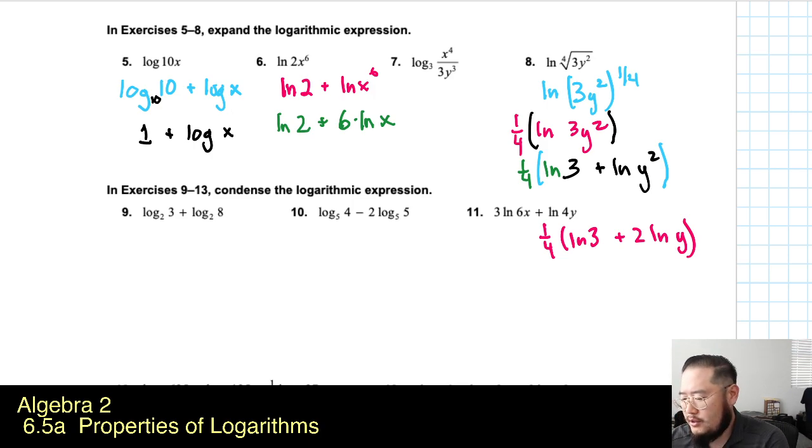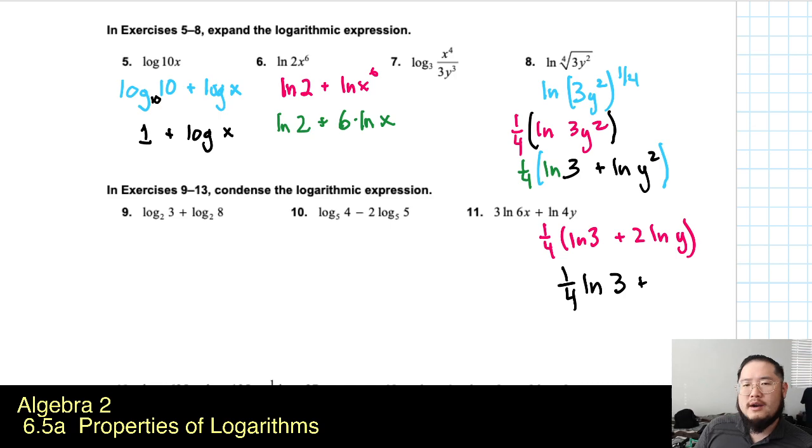And so this answer is going to be 1/4 ln of 3 plus 2 times 1/4, which ends up being 1/2 ln of y. And there you go. We finished up the first part of 6.5a.